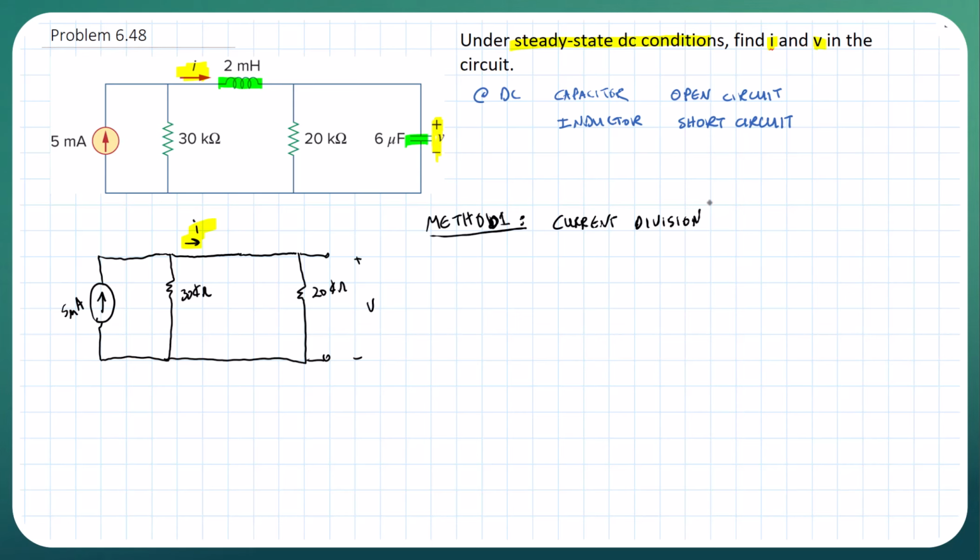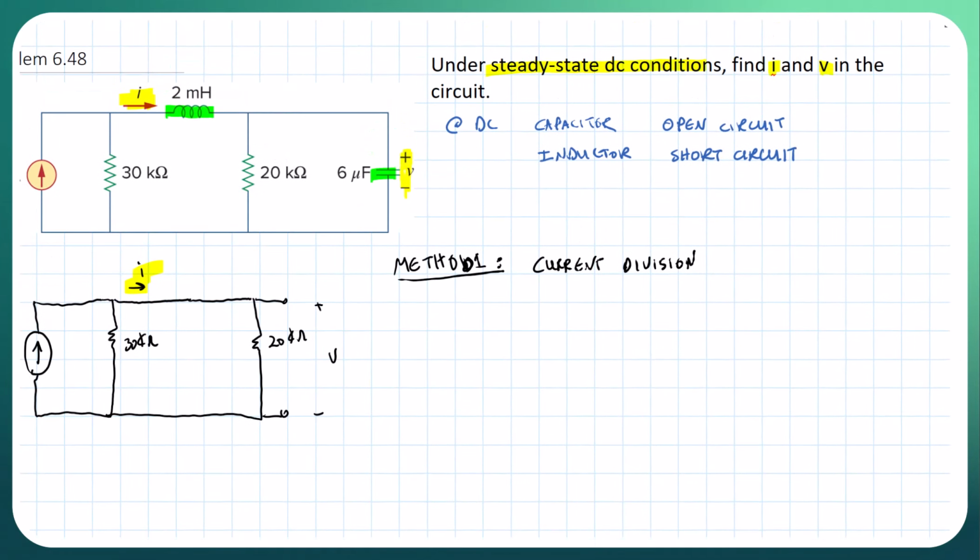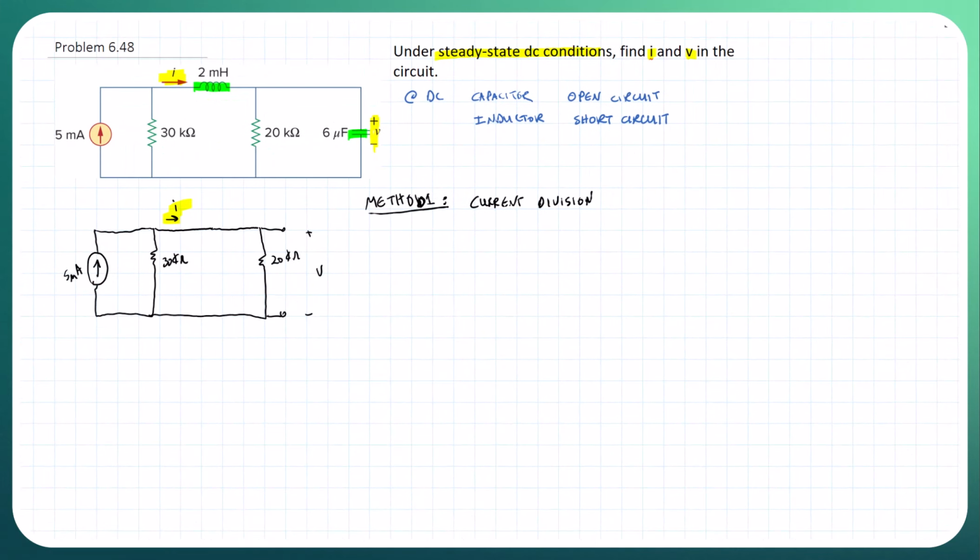Alright, so if we're going to do current division, so that states that I is going to equal 30 kilo ohms over 30 kilo ohms plus 20 kilo ohms, all times the current coming in here, which is our 5 milliamps.